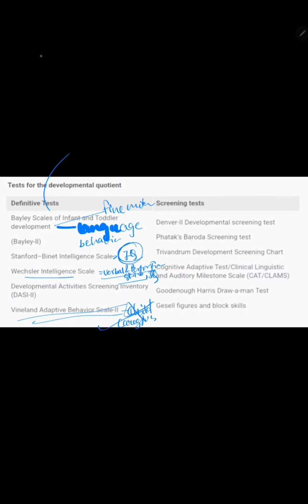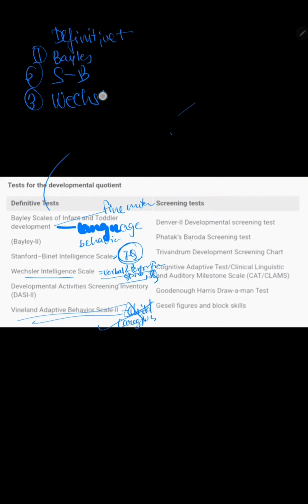So here we learned about four types of definitive tests. In definitive tests we learned Bayley, then Stanford-Binet, then Wechsler's test.